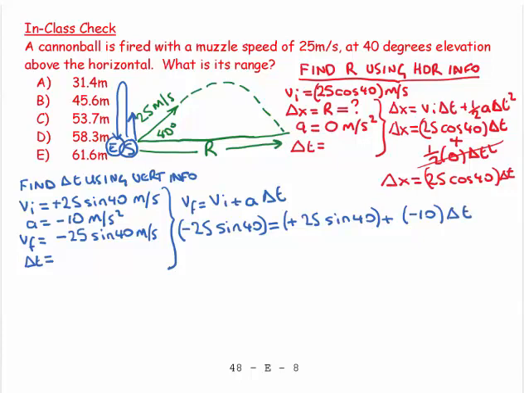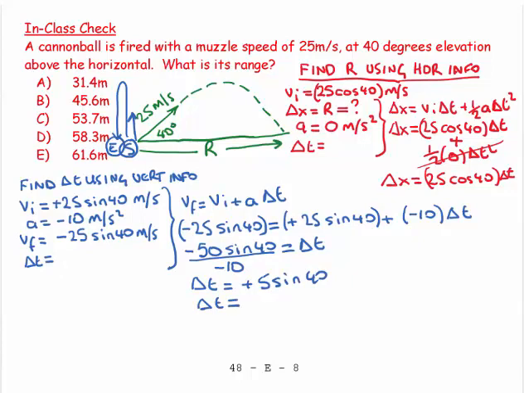So this gives me minus 25 sine 40 added to 25 sine 40 is 50 sine 40 divided by minus 10 equals delta t. So delta t is equal to plus 5 sine 40.